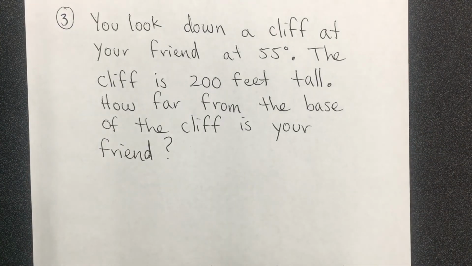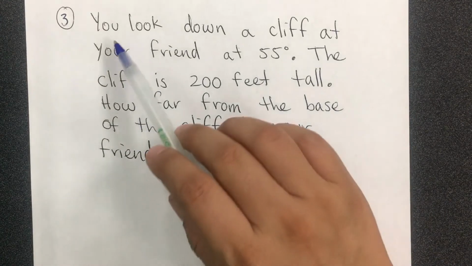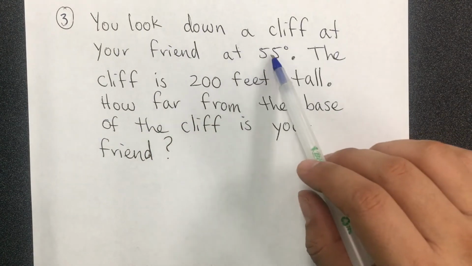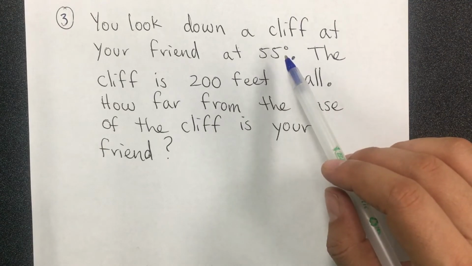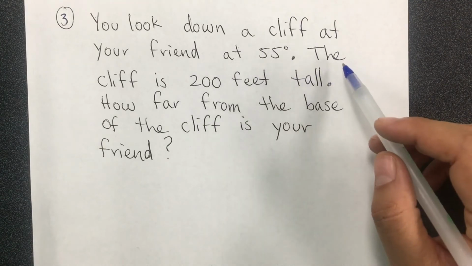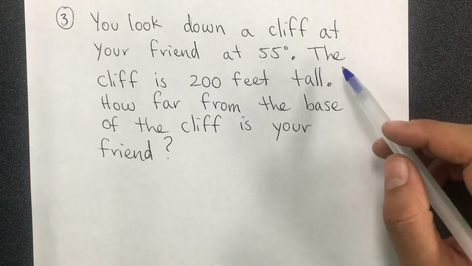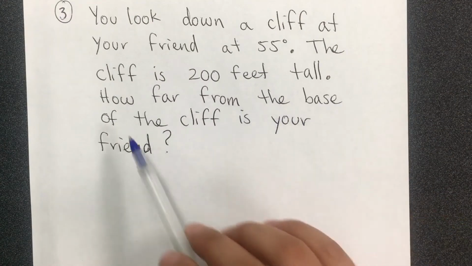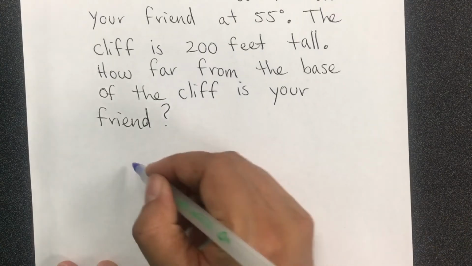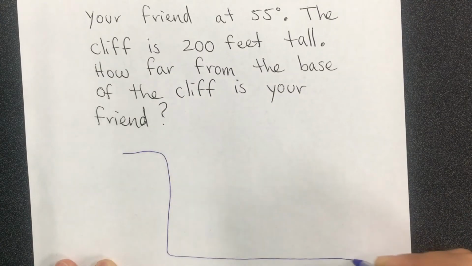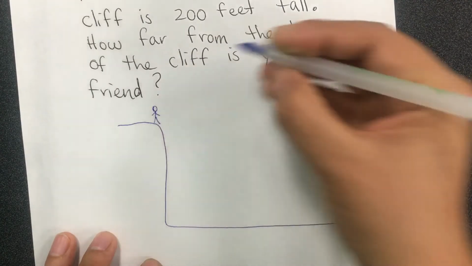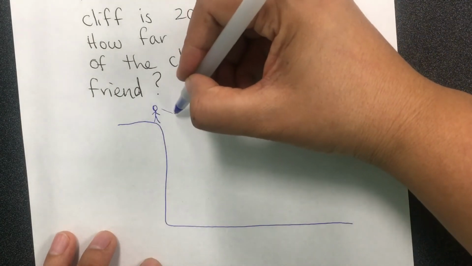Okay, this one is a little different, and I want you to notice. It says, you look down at a cliff at your friend at 55 degrees. The cliff is 200 feet tall. So how far from the base of the cliff is your friend? So you are at a cliff, you're looking down at your friend.